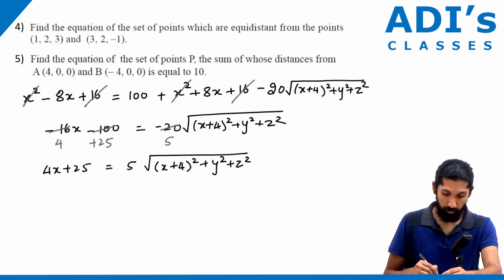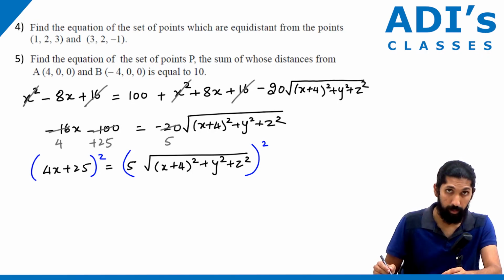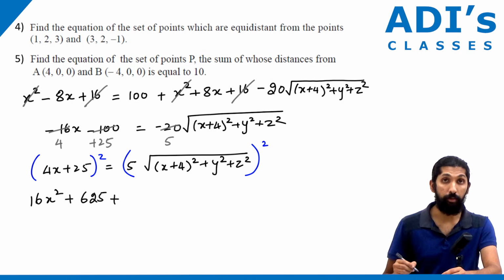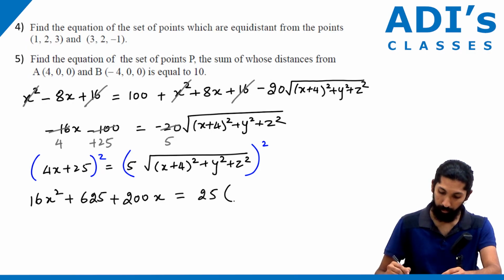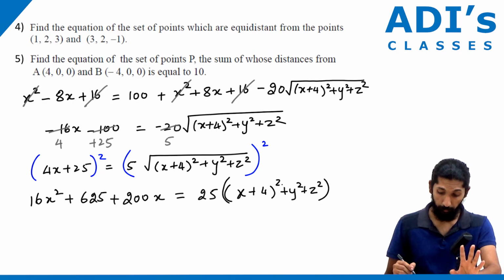So if you square, 16x square plus 625 plus 200x is equal to 25 into x plus 4 whole square plus y square plus z square. This is what you have now.